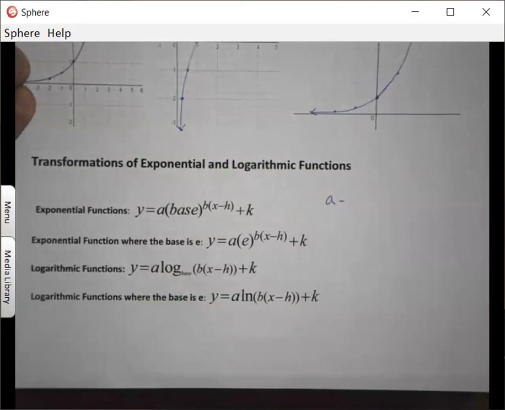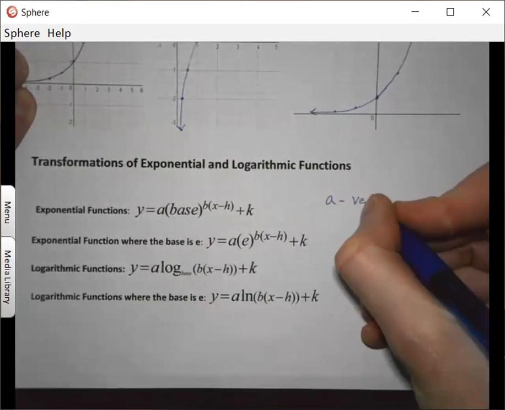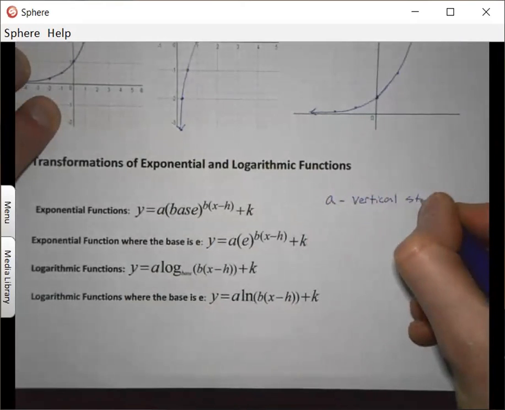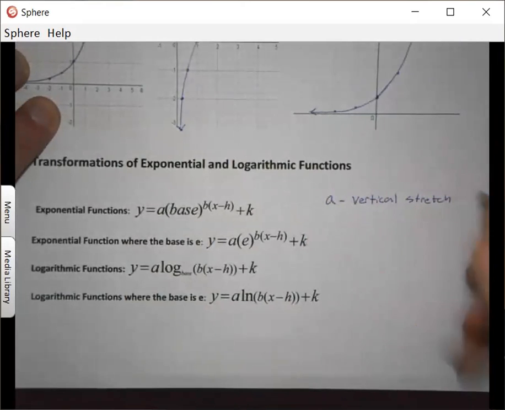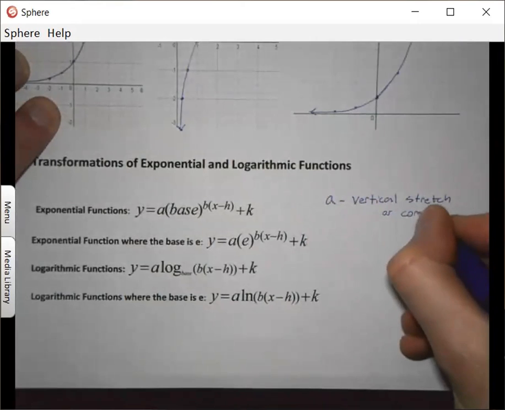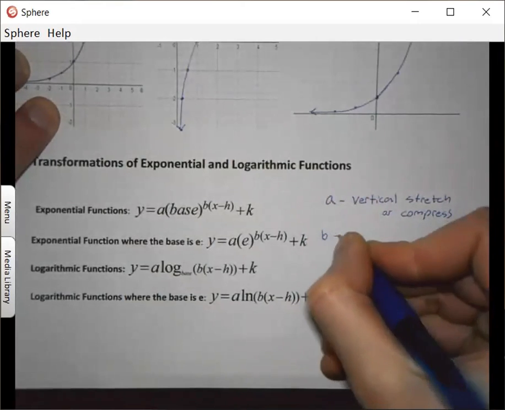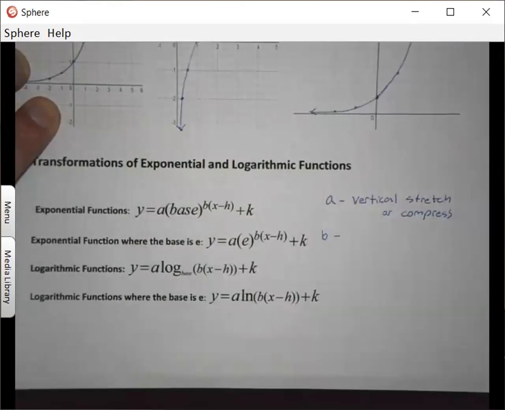So to review, A is a vertical stretch or compress. B is going to be our horizontal stretch or compress.